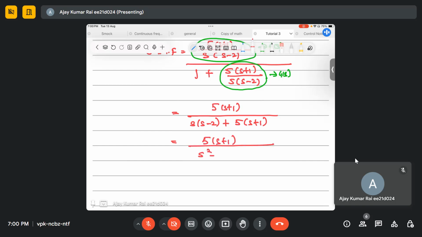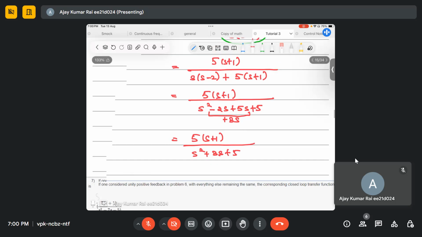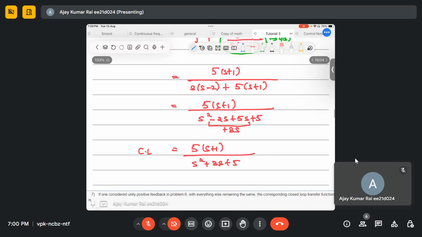This is s square minus 2s plus 5s plus 5, so this is equal to s square plus 3s plus 5. So we get 5 into (s plus 1) by s square plus 3s plus 5. Okay, so this is the closed loop transfer function.